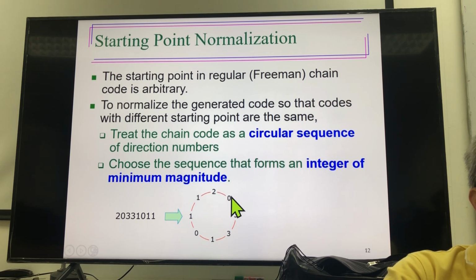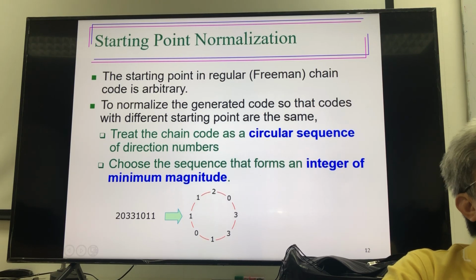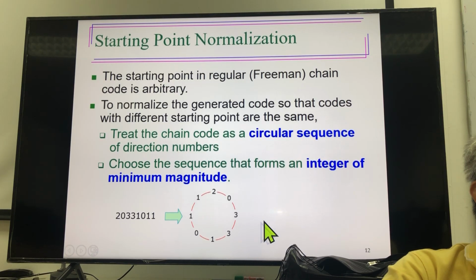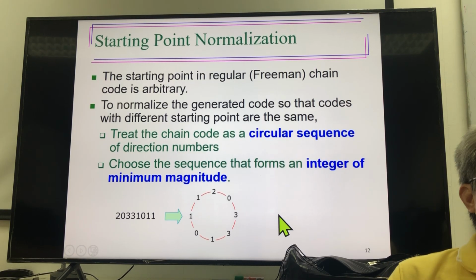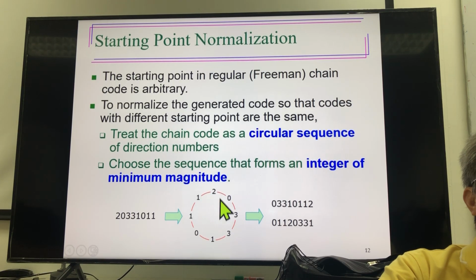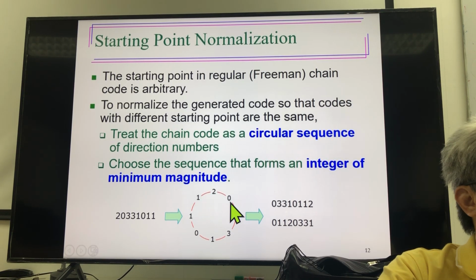It could be any of the chain codes, but we'll choose the one with the smallest magnitude. If it's smallest magnitude, usually it starts with 0.